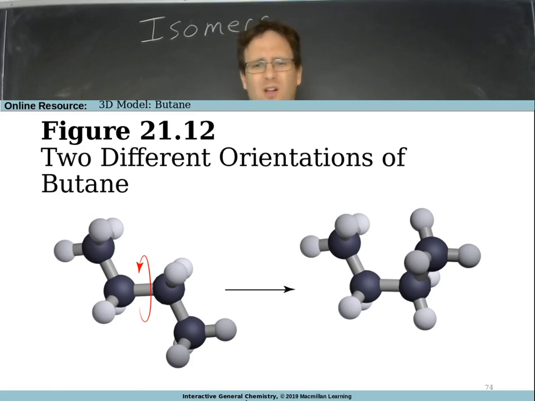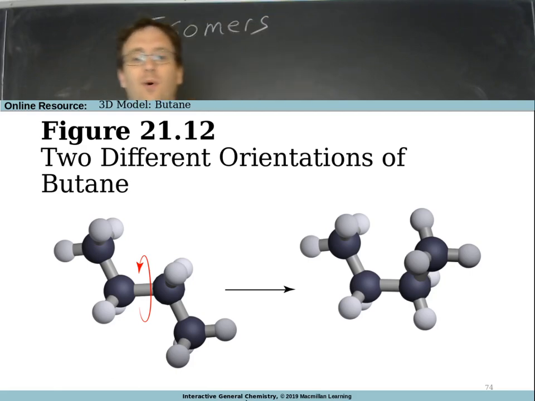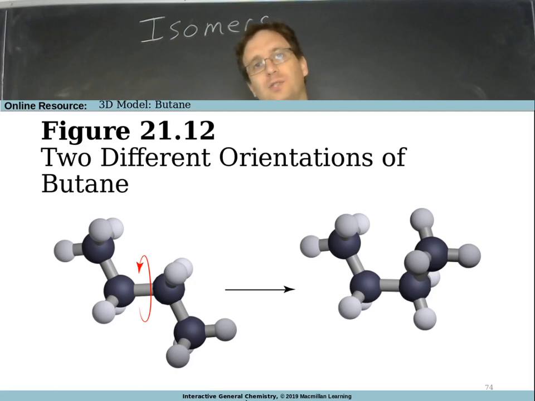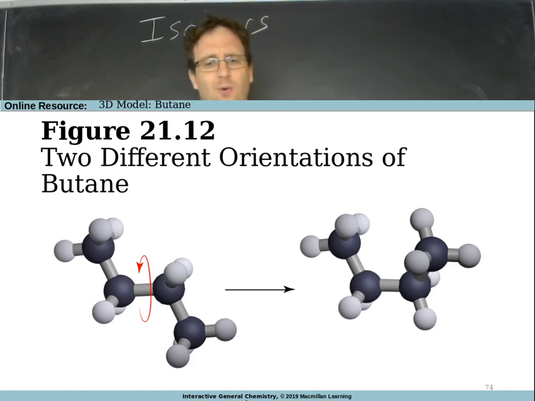It looks like a little wiggly worm. So a butane molecule will interconvert between the one on the left and the one on the right rapidly at room temperature without any barrier. And so these are not isomers, they are just different orientations of butane.